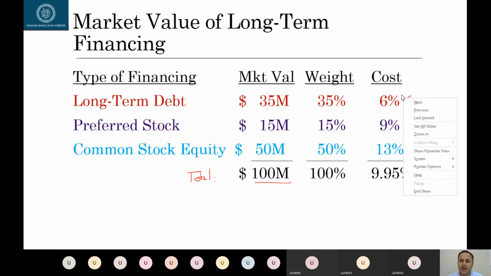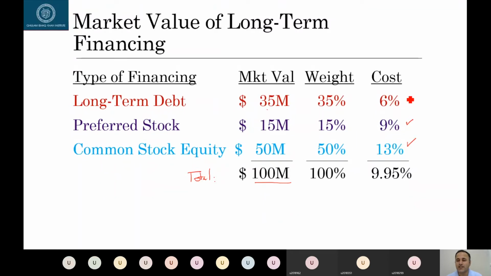In one of my lectures, I calculated the after-tax cost of debt. Then I calculated the cost of preferred stock, and in my last lecture the cost of common equity. We used three different approaches: the dividend discount model with constant growth and phase growth, then CAPM, and the debt plus some premium approach.